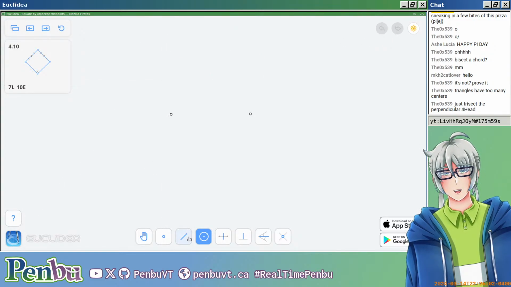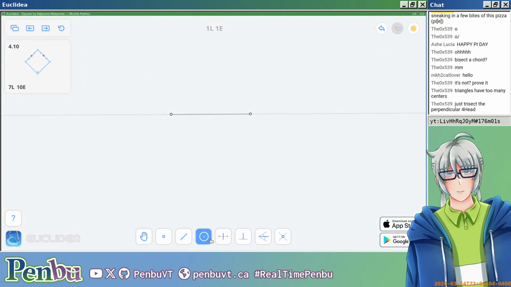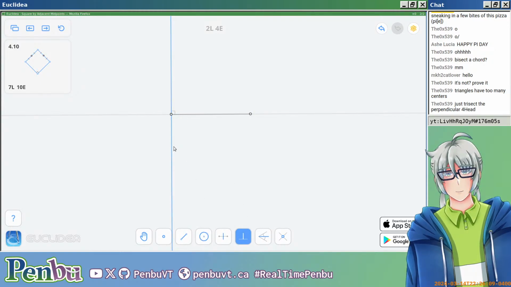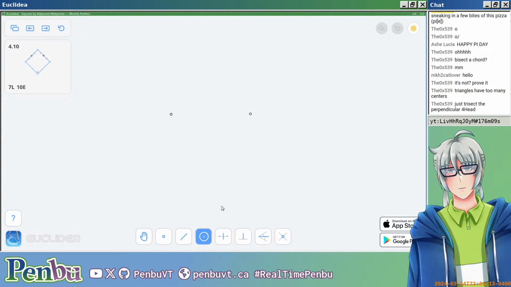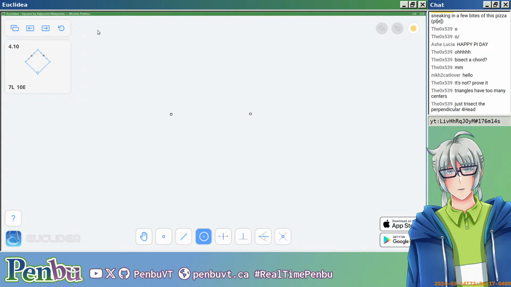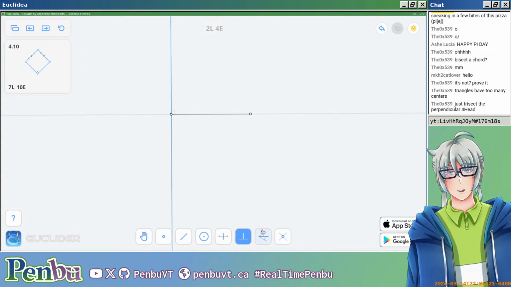I'm gonna try that again. Alright, so we create a line. We drop a perpendicular. We do not drop a perpendicular. No, we do. We create a line. We drop the perpendicular. We bisect this line.